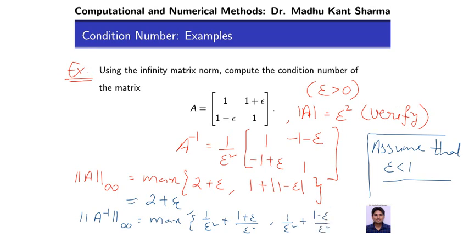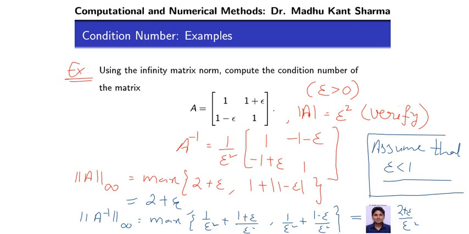Since epsilon is less than 1, 1 minus epsilon remains positive, so the magnitude is the same. The maximum of this is 2 plus epsilon by epsilon square.